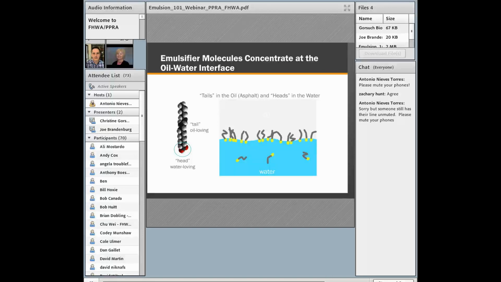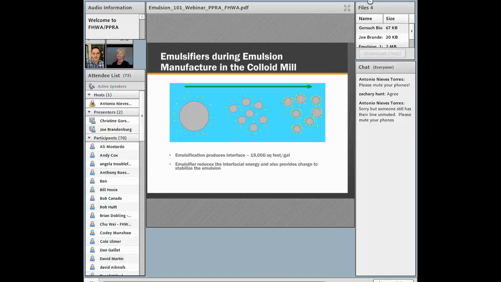When you have a mixture of oil and water, that surfactant or emulsifier is going to go to that interface between the oil and the water and orient itself like that. It's that structure and chemistry that allows the emulsifier to be in the right place to get onto the surface of the asphalt droplet when you manufacture the emulsion in the colloid mill.